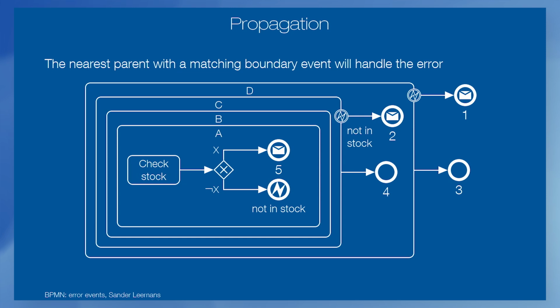Let's look at an example. In this example, we have 4 nested subprocesses. So the outer one is D, and that goes on with C, B, and A. Now let's look at what happens when we put a token in the outer process.